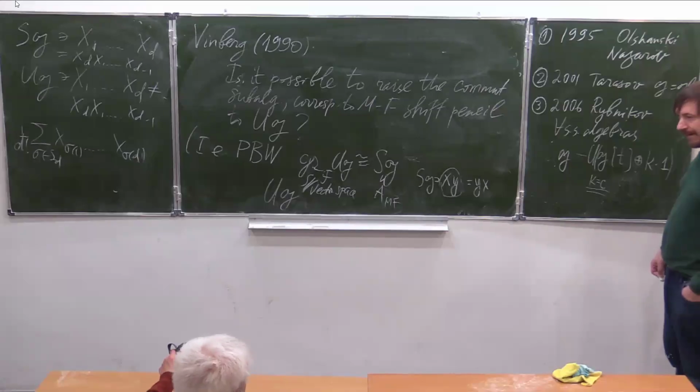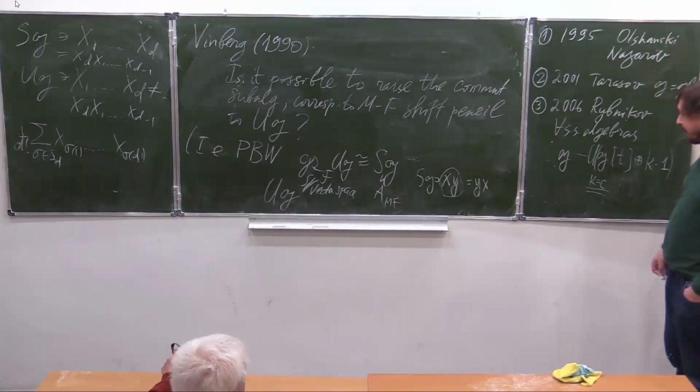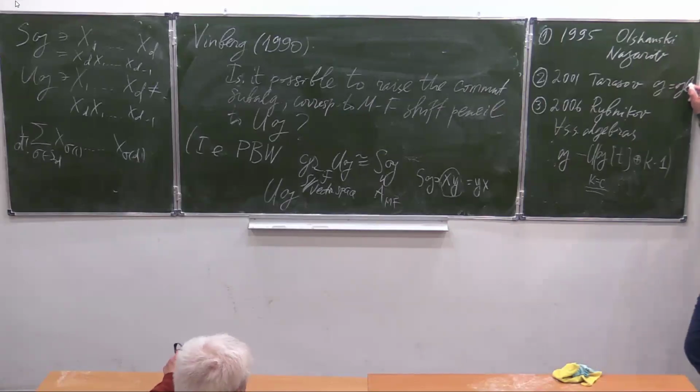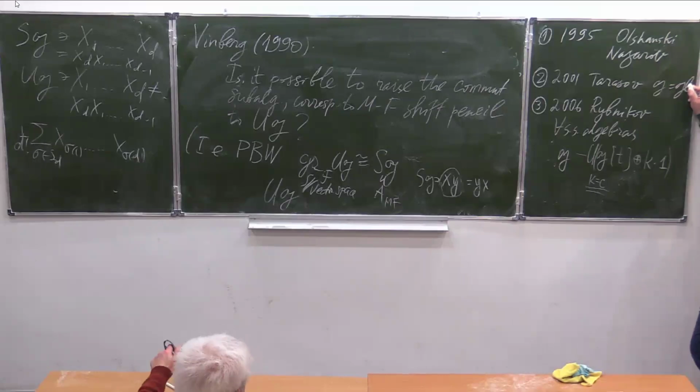Let's fix complex numbers. I don't want to go far. For complex numbers, you can find a very large commutative subalgebra there called the Feygin-Fraenkel center.